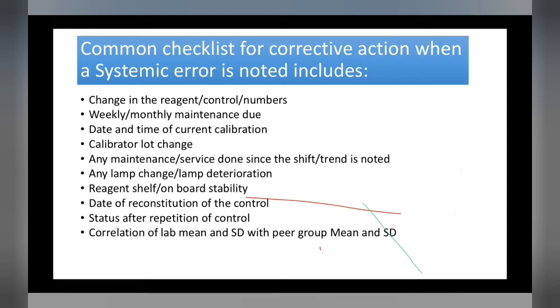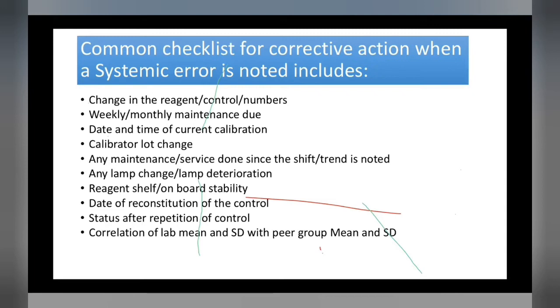There may be a change in the lot of calibrator, or after last maintenance or service, there is either some shift or some trend. Shift means there is change in the value and then the change is maintained. Trend means the results are moving in one direction, or you have changed the lamp. After lamp, the light has increased. It is causing some problem or some deterioration in the lamp.